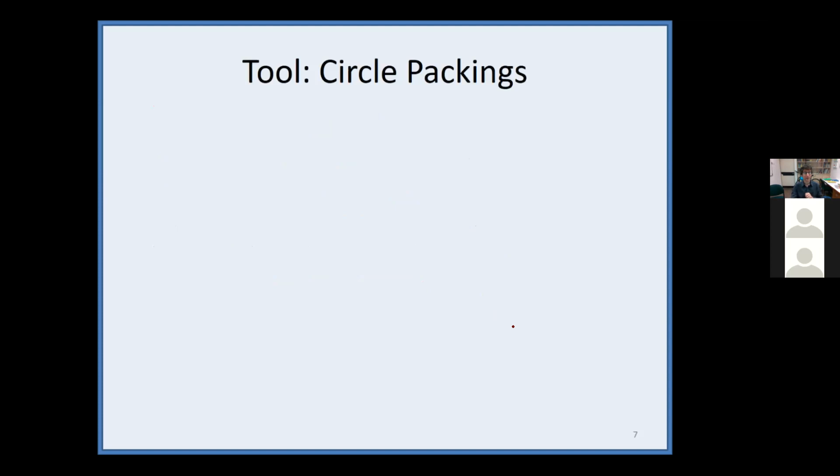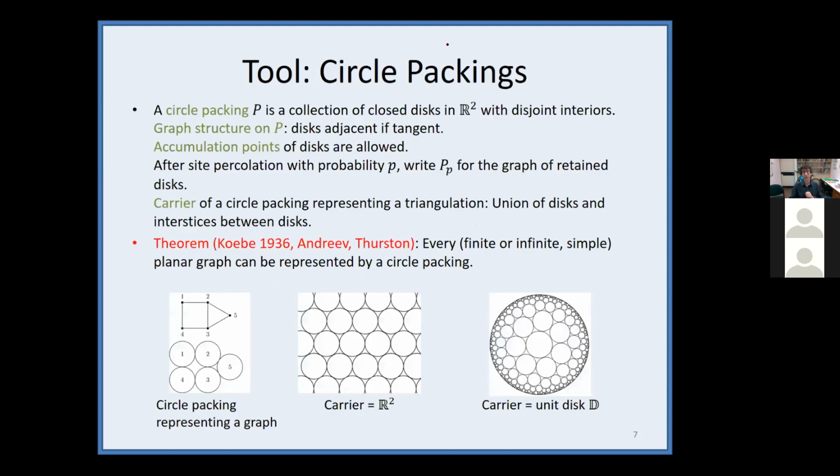Okay. So the main tool that we will use is circle packings. Let me briefly overview this idea. So a circle packing is a collection of closed disks in R squared with disjoint interiors. Let me emphasize that I do not require anything of the closed disks besides being with disjoint interiors.